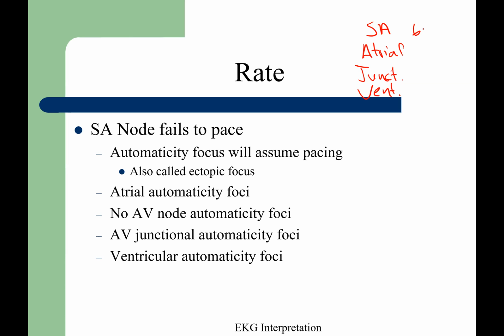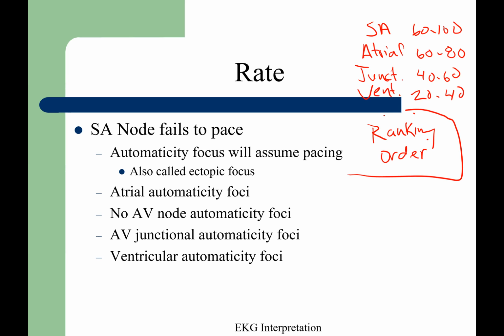So we know 60 to 100, 60 to 80 beats per minute, 40 to 60, and 20 to 40. And we've talked about this ranking system or pecking order. And that's what this is up here.